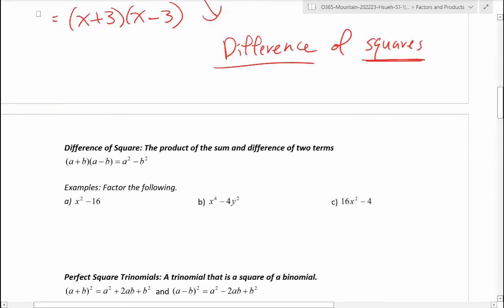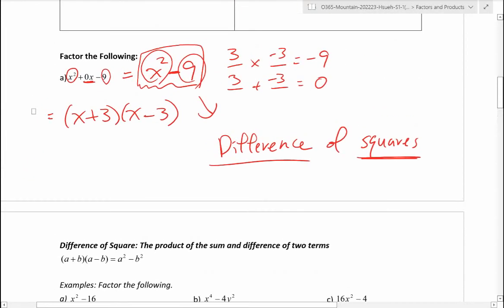Now we can notice a pattern here. You can see that this is x squared. And again, how do we get x squared? Well, that simply comes from x times x. And how do we get a 9? Well, because 9 is a perfect square and there's no middle term, so that actually comes from 3 times negative 3, or negative 3 times positive 3, right?